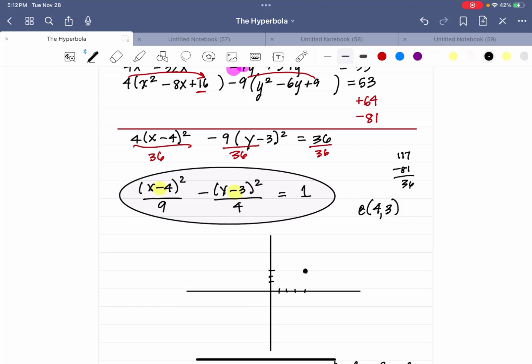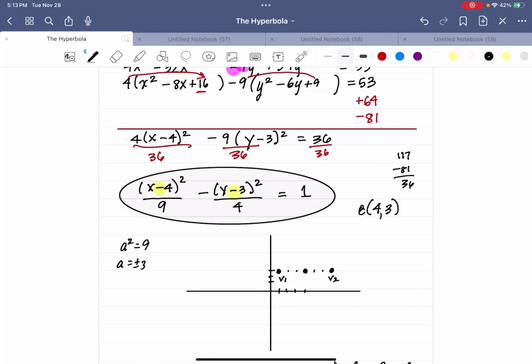Now my a squared is 9, so my a is plus or minus 3, but I'm moving from the center. So I'm going 1, 2, 3 to the right, 1, 2, 3 to the left. Okay, that's going to be my vertex and my other vertex. So that's V1 and V2.